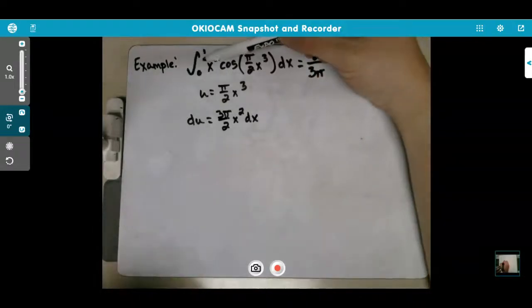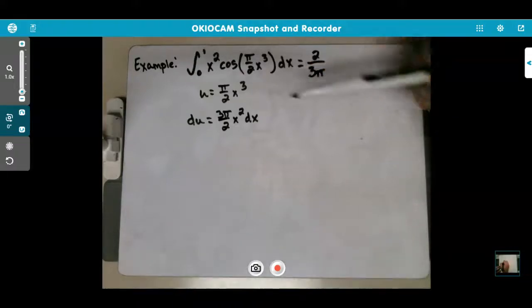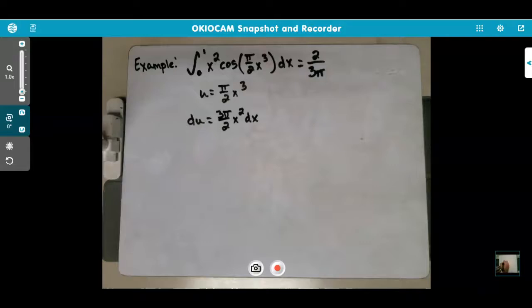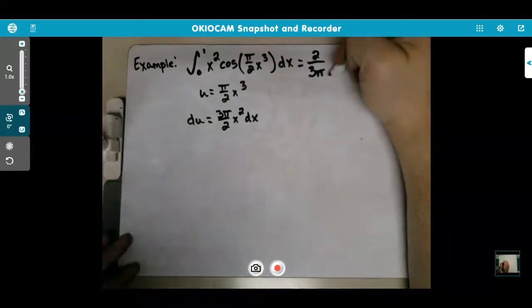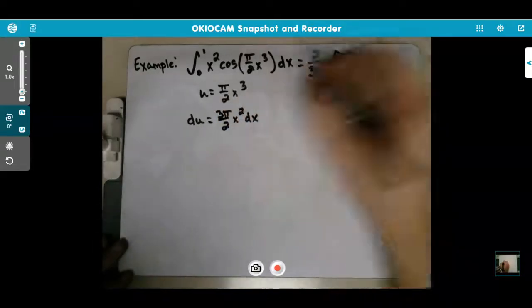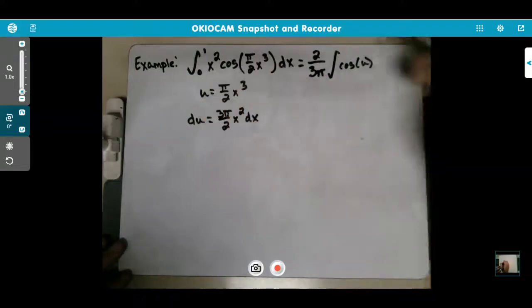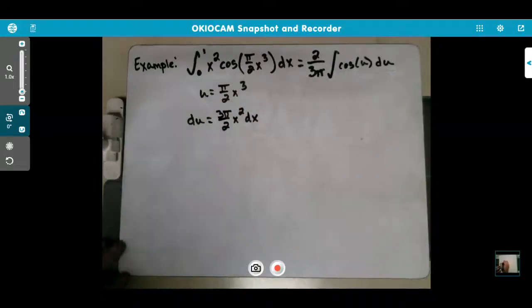Again, because I want 3 pi over 2 here, I don't have it. So in order to put it there, I need to multiply out front by 2 over 3 pi. Integral of cosine, that's now u, so cosine of u, x squared dx goes into the du.